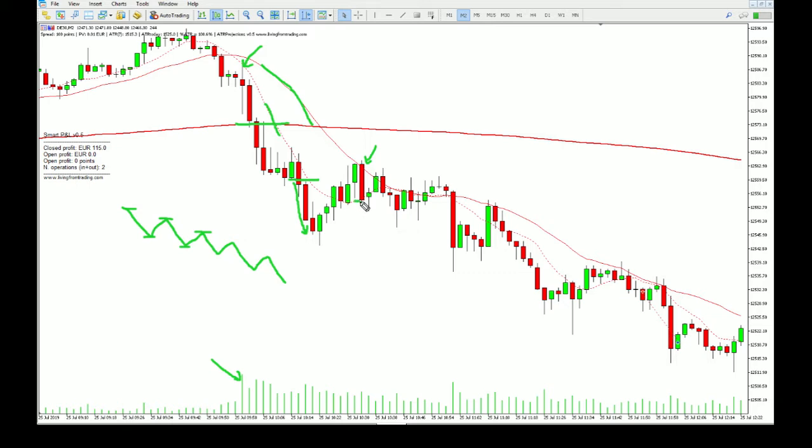So we could have shorted here. The price didn't go immediately down, but it made another pullback, which gave another short opportunity here, and eventually we could have shorted here again, another short opportunity.